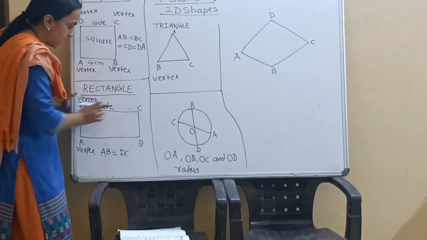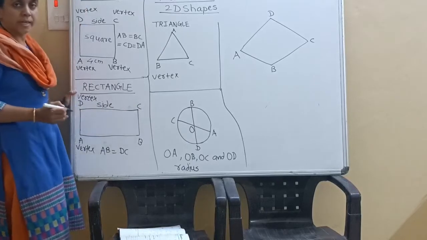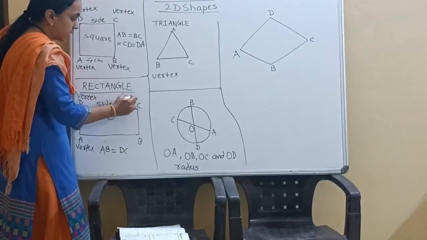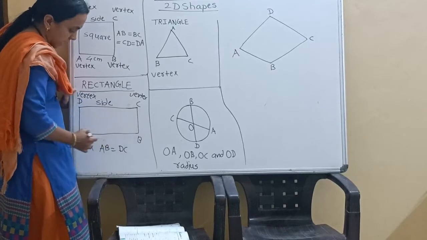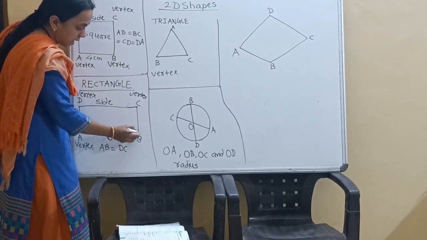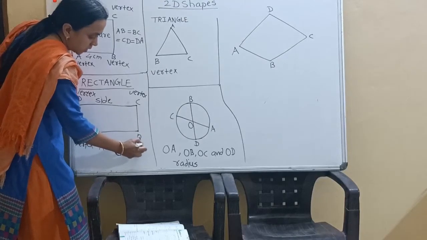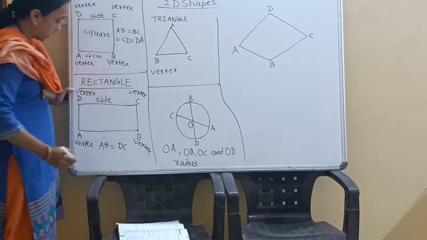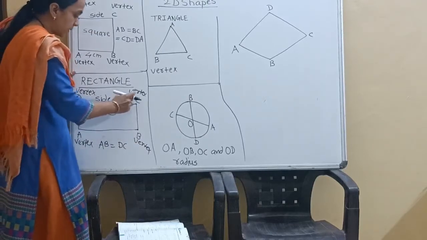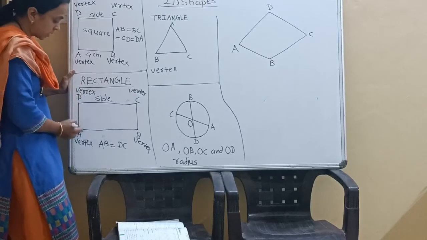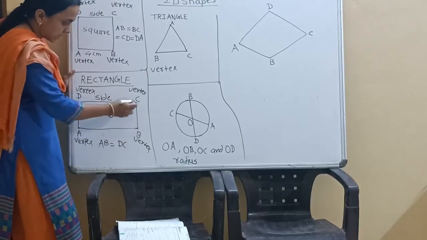Again this CD line and BC line join at this point, that is vertex C. Again BC and AB join here, that is vertex B. So we have a total of four vertices, A, B, C, D, because at every corner two lines are joining.